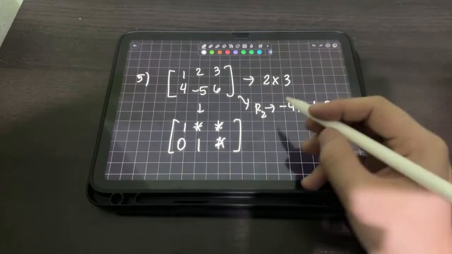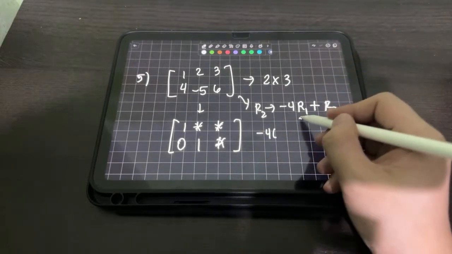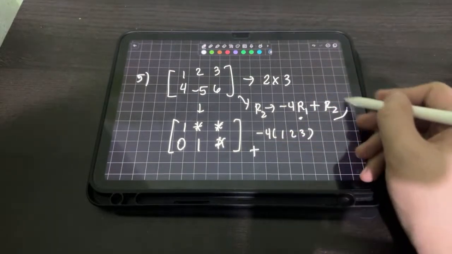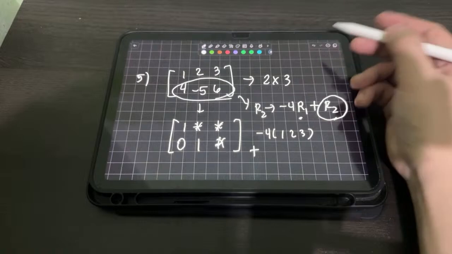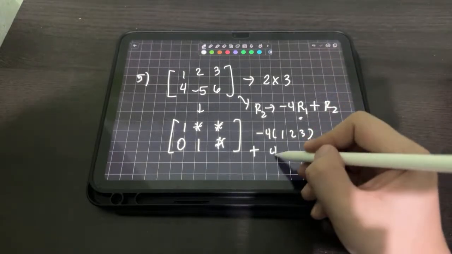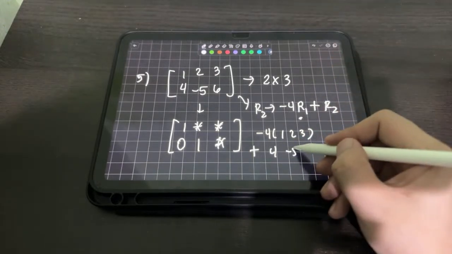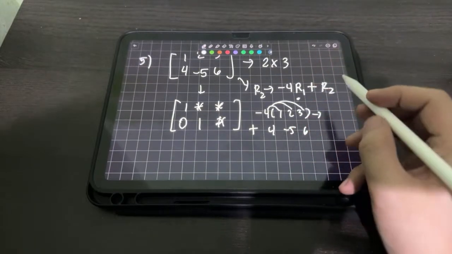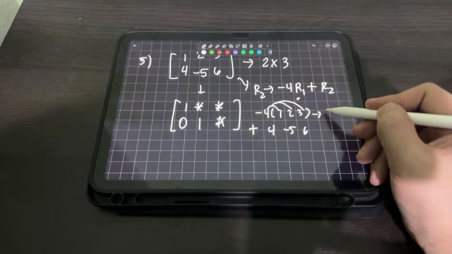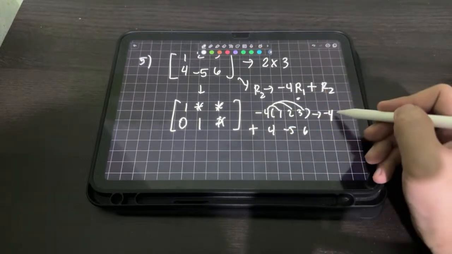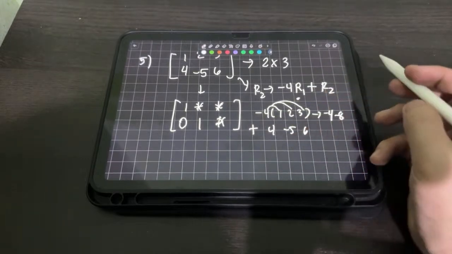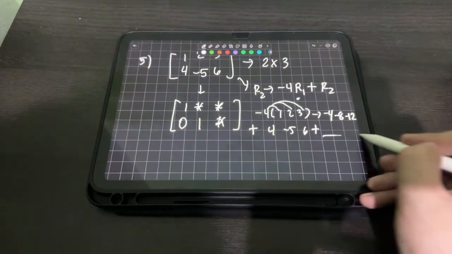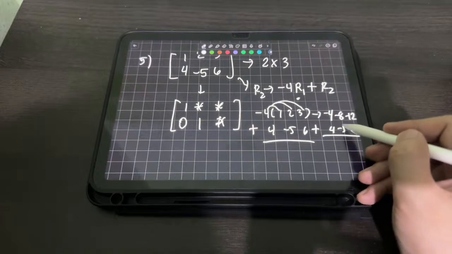Doing that, -4 times the entries in R1, which is 1, 2, 3, plus the entries in R2, which are 4, negative 5, 6. So we multiply first negative 4 to each entry. Negative 4 times 1, negative 4. Negative 4 times 2, negative 8. Negative 4 times 3, negative 12. Then add with 4, negative 5, 6.